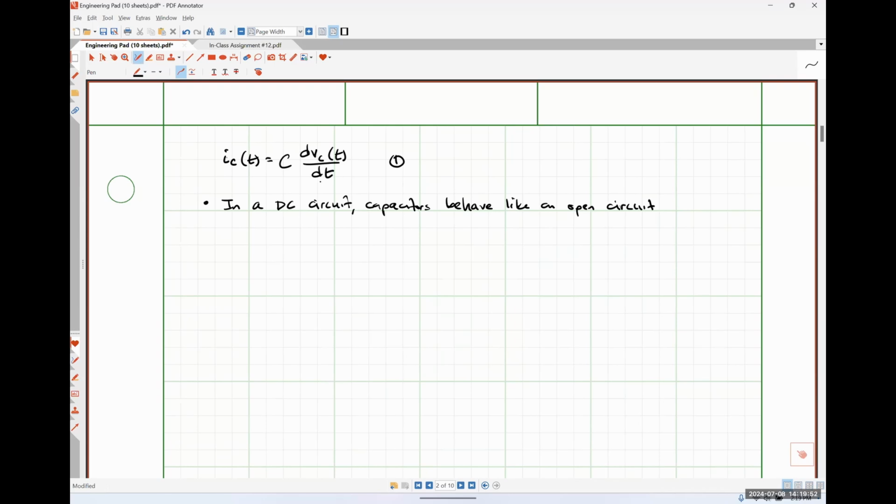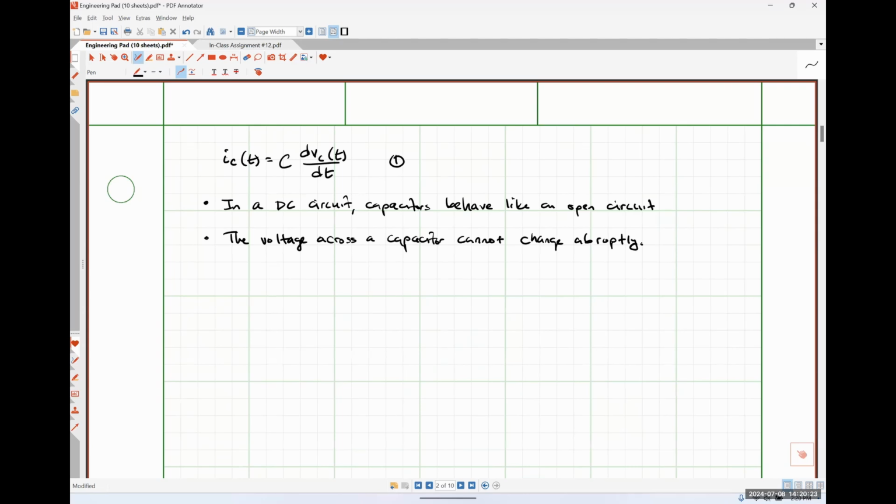Anywhere we said current, replace it with voltage. Anywhere we said voltage, replace it with current. So the voltage across a capacitor cannot change abruptly. Okay. Absolutely right.